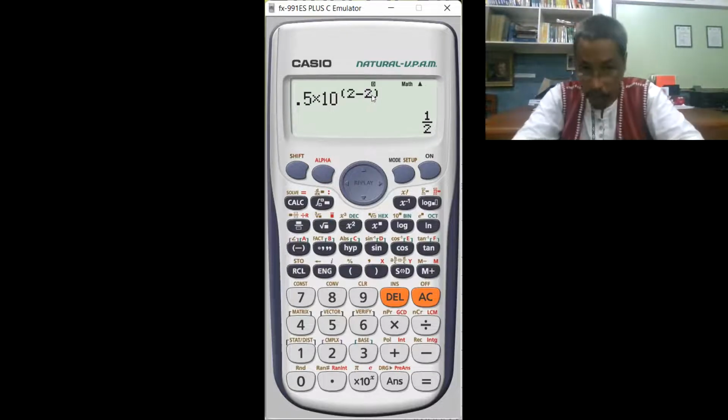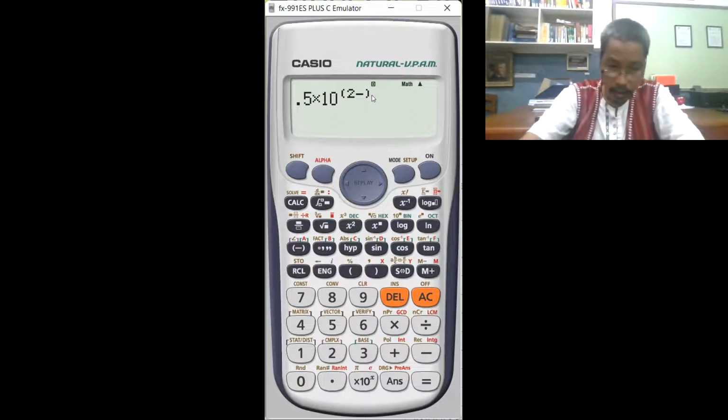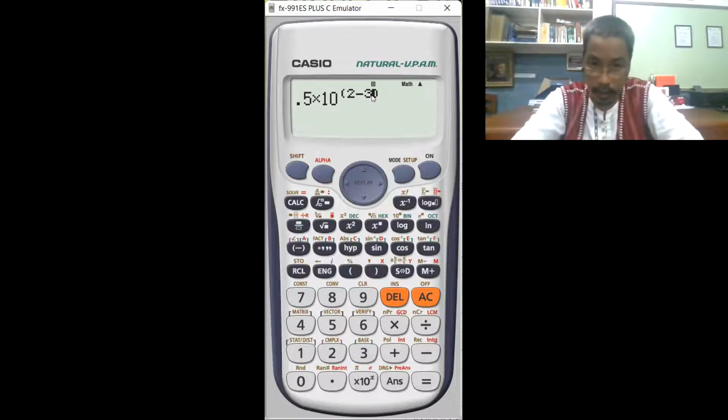So let us again go to the fourth line. Fourth line, we have absolute relative approximate error, which is equal to 0.031252. So let us use 3 significant digits.